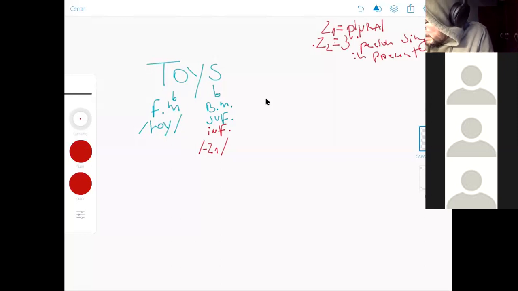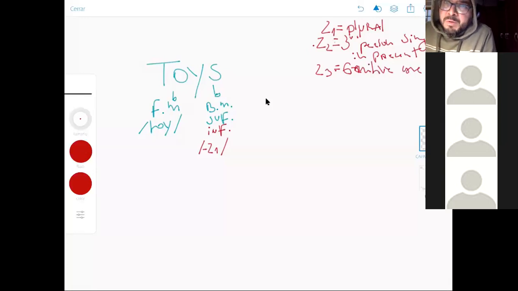And I also have Z3, which means genitive case, which most people call possessives. Okay, so this is just Z1 because it is just a plural. Are there any others? Yeah, there are others like ED1 or ED2, but we're going to talk about that later on. So toys.